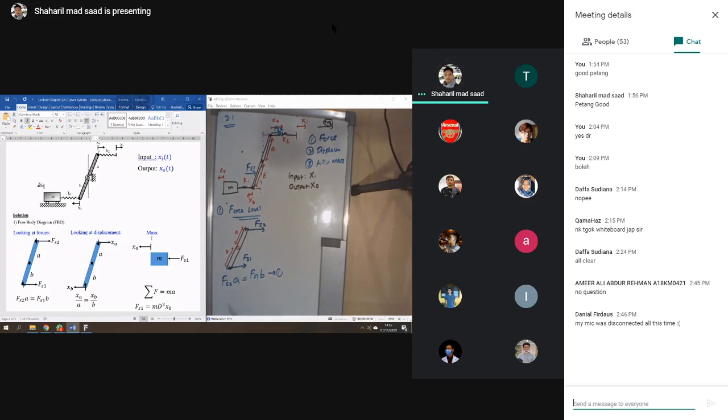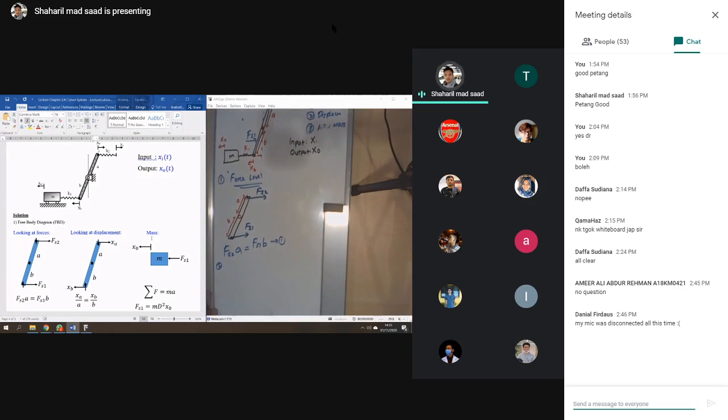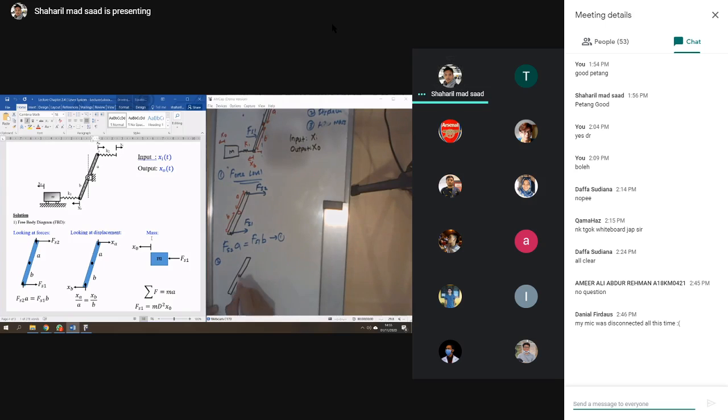Then number 2, you need to look at the displacement going to the lever. So now you have the Xa here and you have the Xb here. So this will give you some theta and also some theta here.